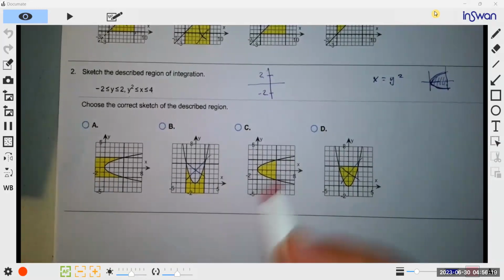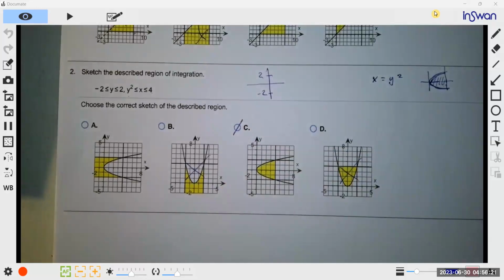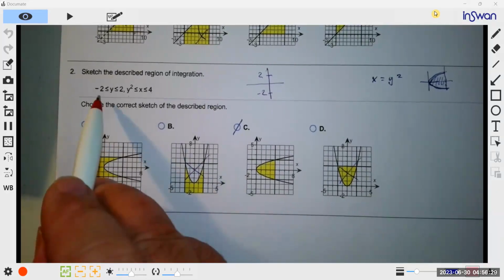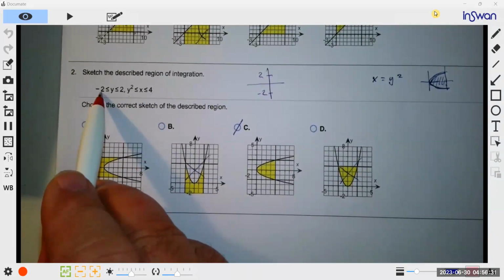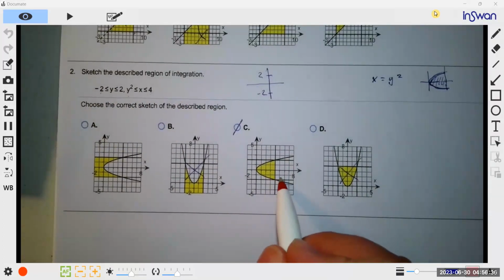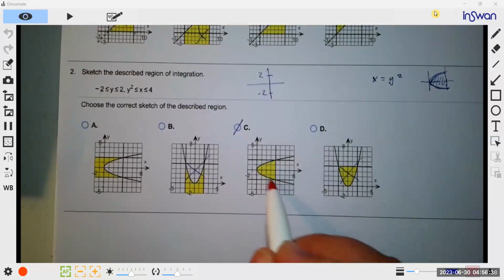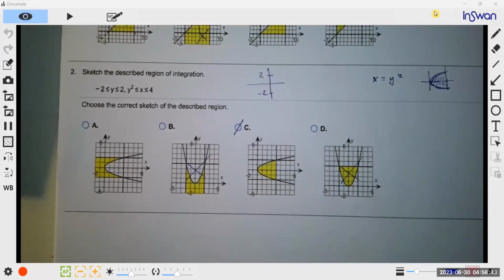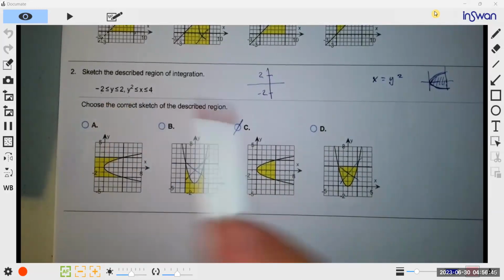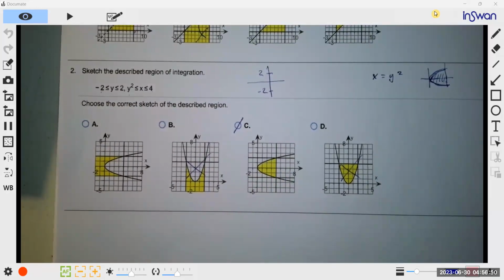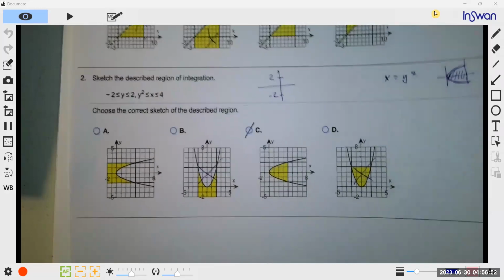This goes the wrong direction, so it's got to be C. If you look at that, if y is -2, put that in there. -2 squared is 4. So that's exactly what we have here. When y is 0, x is 0. Right, so it's C. Those are pretty straightforward.